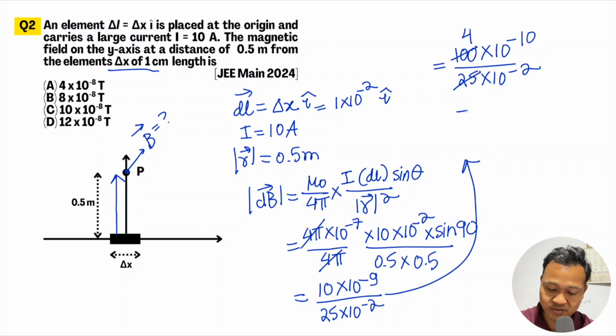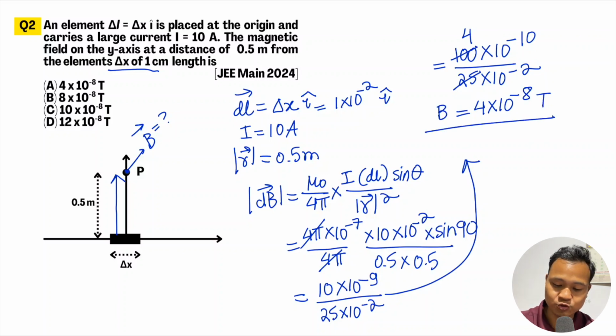So here I will have 4 into 10 power minus 8 Tesla. Minus 2 cancels, and minus 8 remains. So the answer is the first one.